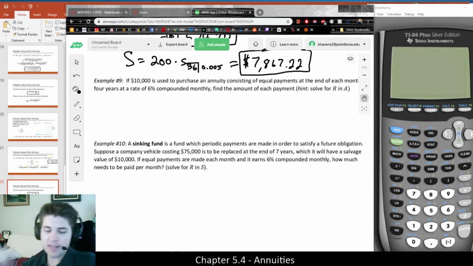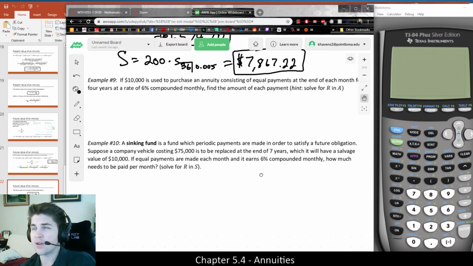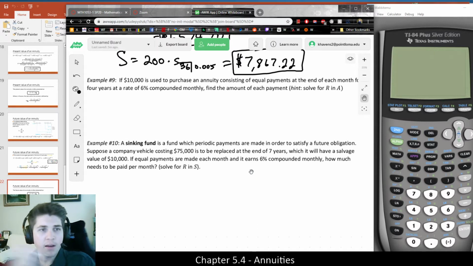Example 9 asks, if $10,000 is used to purchase an annuity consisting of equal payments at the end of each month for 4 years at 6% compounded monthly, find the amount of each payment. This one's a little bit backwards because instead of giving us the payments and all the components, it's telling us how much money was used to purchase the annuity, aka the present value, and asking what the needed payment would have to be.